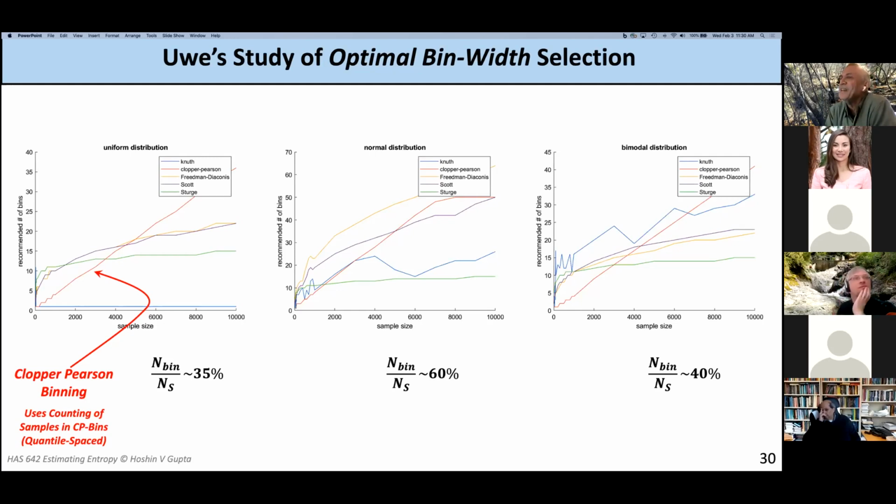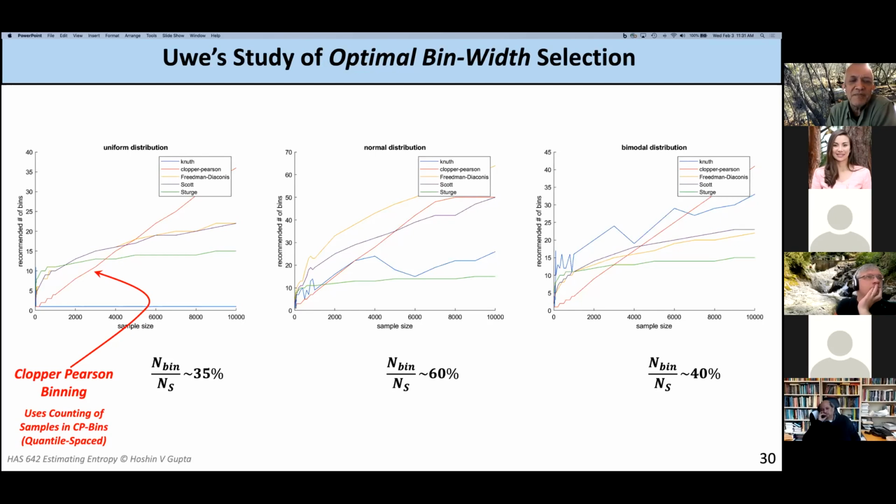Okay, thanks. And you notice that only one of these curves is more or less linear, meaning that the number of bins is a constant fraction of the sample size. And that's this thing called Clopper-Pearson. And Clopper-Pearson binning, if I understand correctly, Uwe will correct me, is using quantile spaced bins, but still doing bin counting.